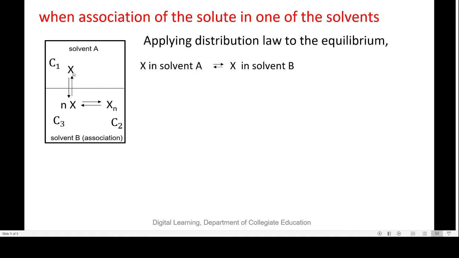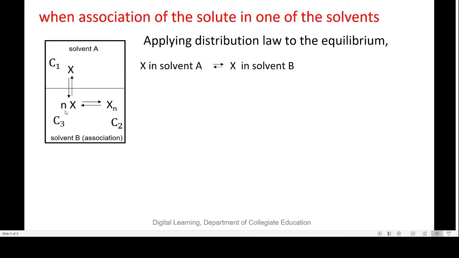Let C1 be the concentration of X in solvent A and C3 be the concentration of X in solvent B. In solvent B, solute is undergoing association, so n number of molecules associate to form Xn. Let its concentration be C2. If n is equal to 2, X2 will be formed, that is a dimer.